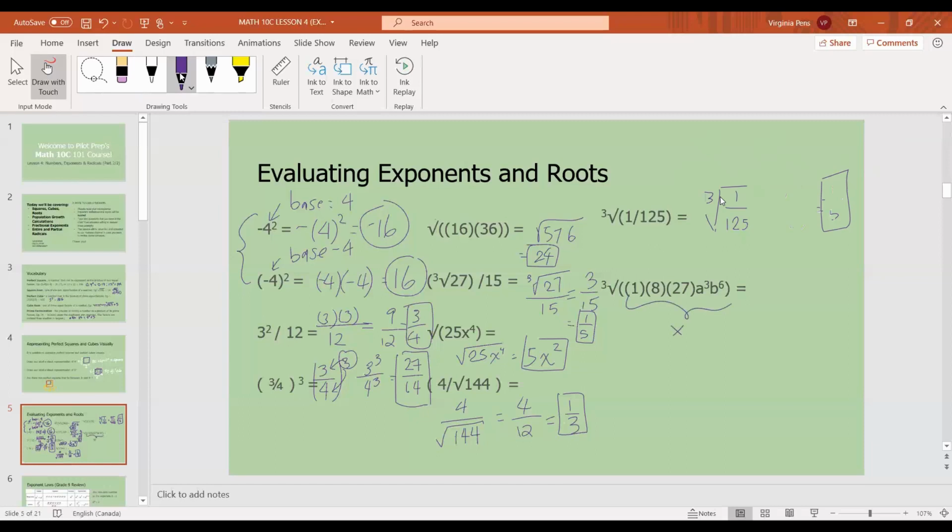So what this gives us is the cube root of 1 times 8 is 8 times 27 is, let's see, 8 times 27. You can do long multiplication or you can grab a calculator. For the sake of time, I'm going to grab a calculator. It gives us 216. And we still have the variables, which we can't really multiply by anything, so we're going to keep it in here.